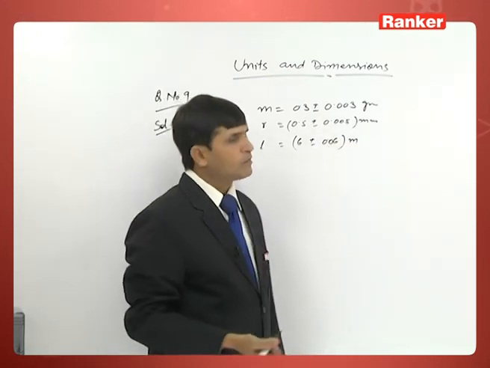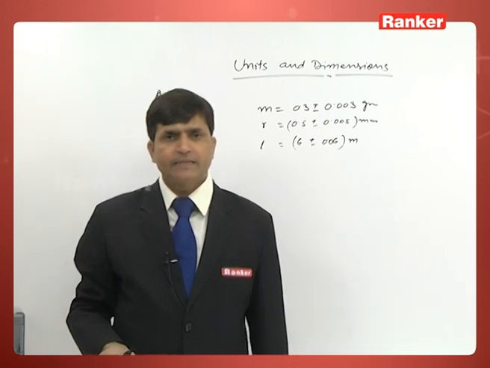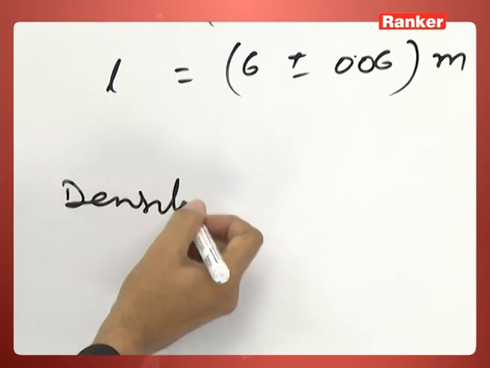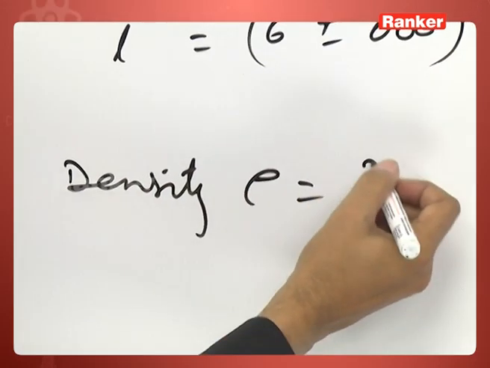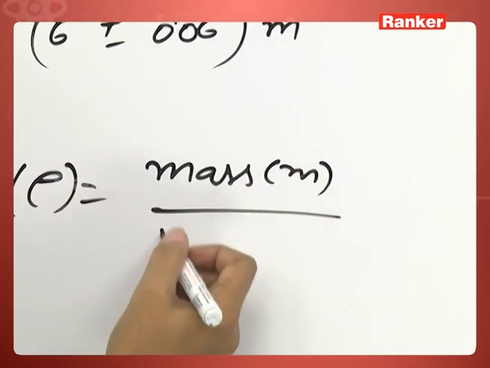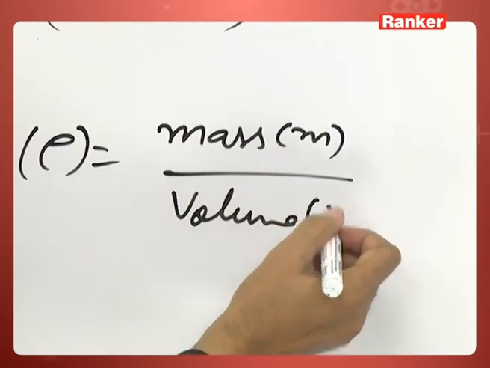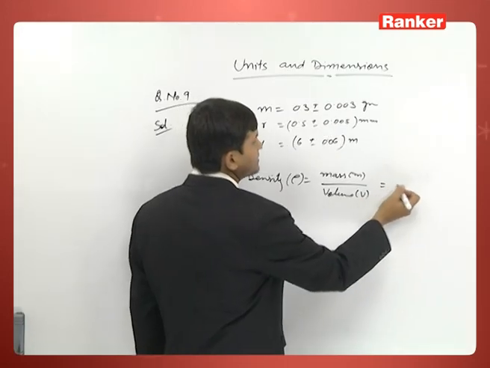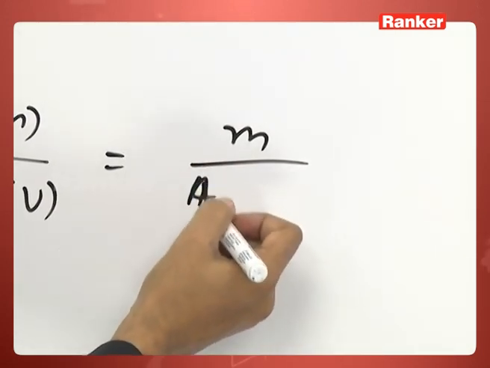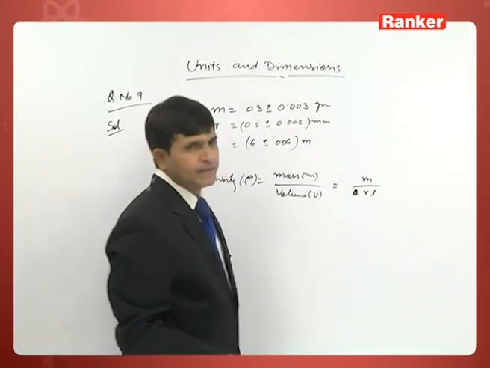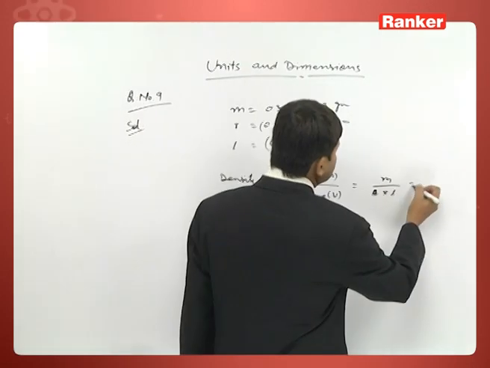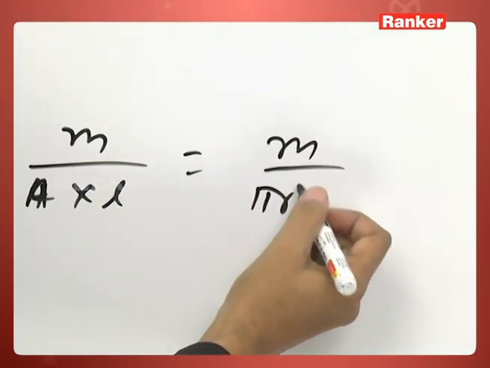Now they are asking for the percentage error in the density. As we know, density rho is equal to mass m by volume V. Volume is area into length L, and the wire is just like a cylinder, so area is pi r square.